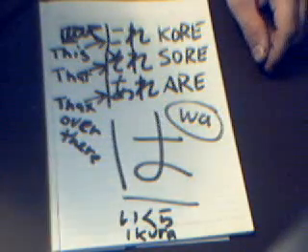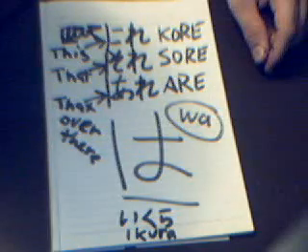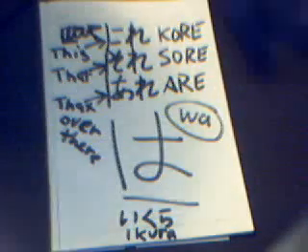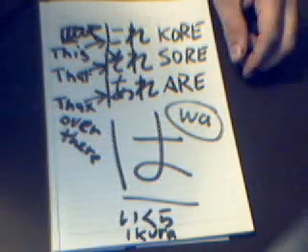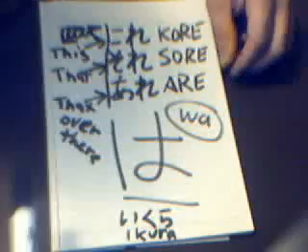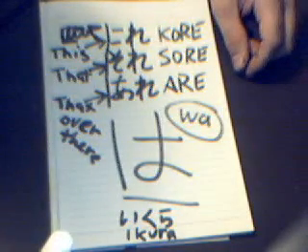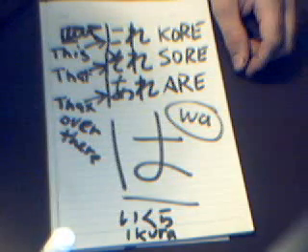They'll use kochira, this way, sochira, that way, achira, that way over there. And this ko-so-a system is used so frequently in Japanese. It's very important to learn the uses.